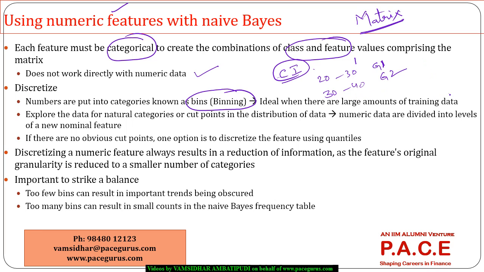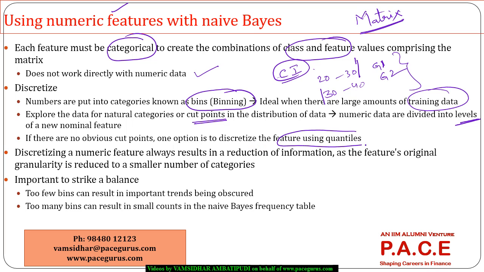So when there are large amounts of training data, I am compressing all those training data into a few sets of groups. I can very well specify the cut points where different groups have to be created, and different levels are being created based on these cuts.